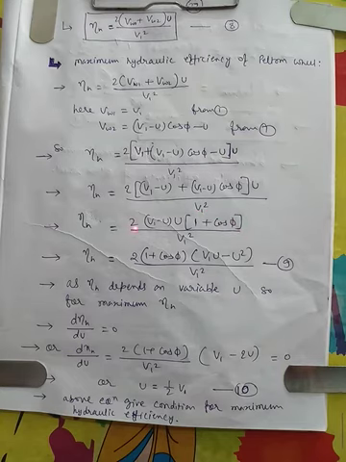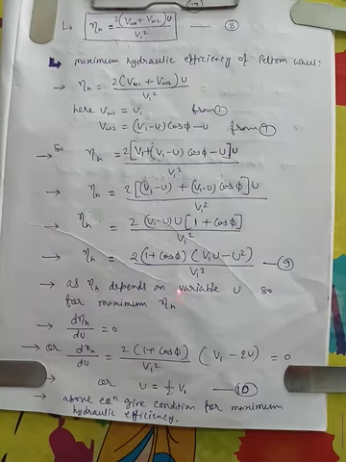V1 we cannot change, because it depends on the head, the height of the dam level, and phi is also fixed for the bucket. So the only variable is u. By changing u, we can manage the efficiency of this turbine.